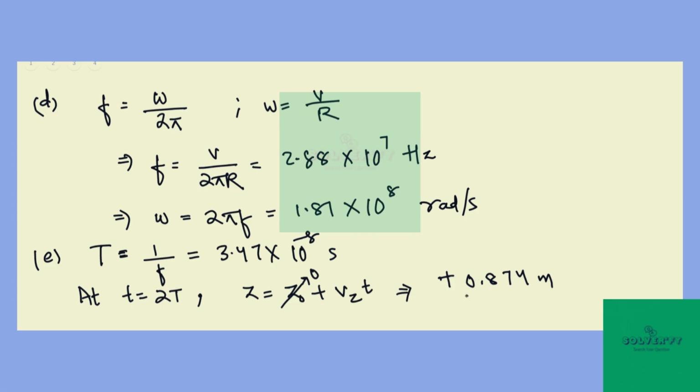So this is the position of the particle in the z direction. So the coordinates of the particle at t equals 2T, writing it in this format, will be: x is basically equal to r initially, which is 0.029 meter, y is 0, and z is the value that we found over here.